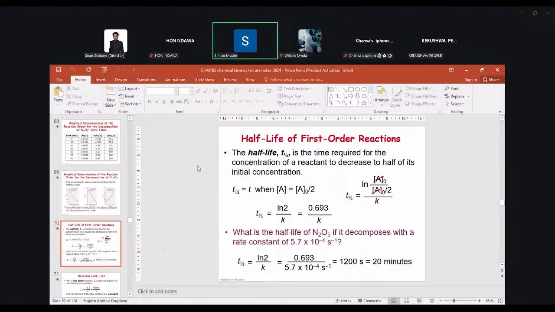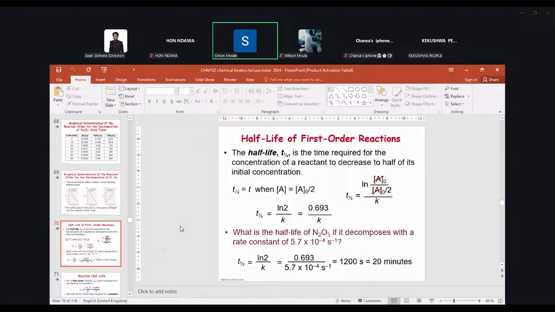Okay, then therefore let me just stop here. I don't know when we are going to have another makeup session, because I also need to look at the last parts remaining, the half-life and the effect of temperature. So I'll get advice from the class rep. For today, I want to end here. Today we have finished the integrated rate laws.